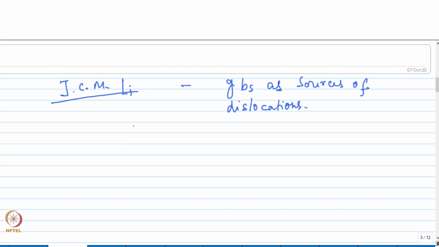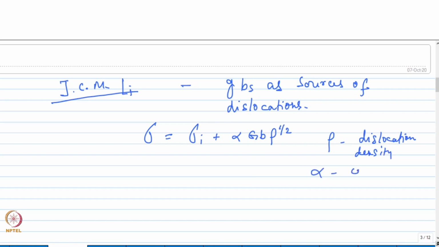And we have also seen before that the strength and the dislocation density are related by this particular equation, where rho is the dislocation density and alpha is a constant, typically having a value in the range of 0.3 to 0.6.